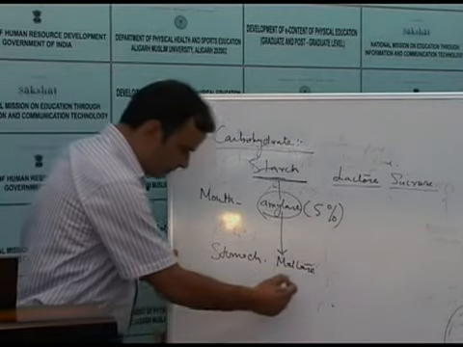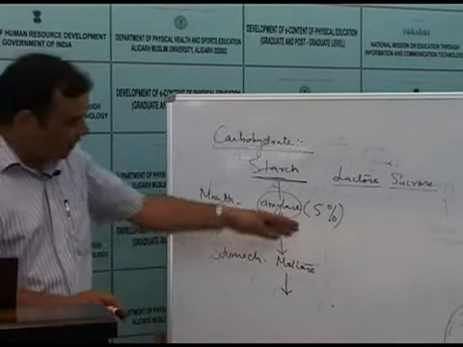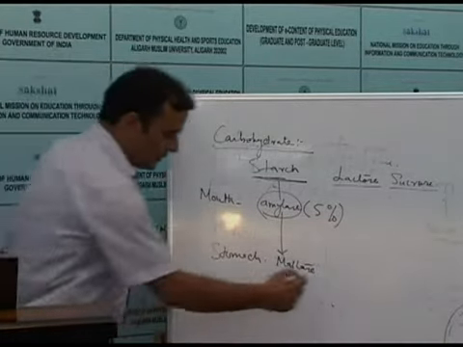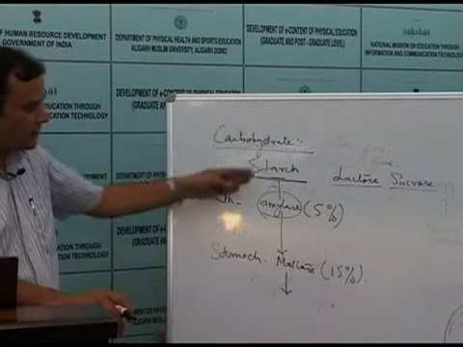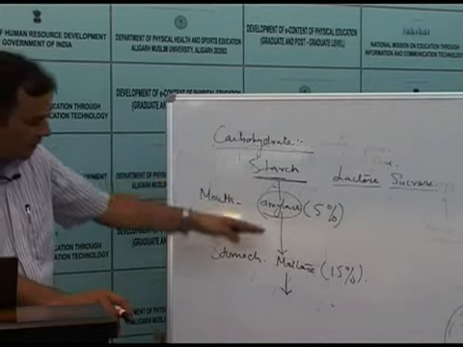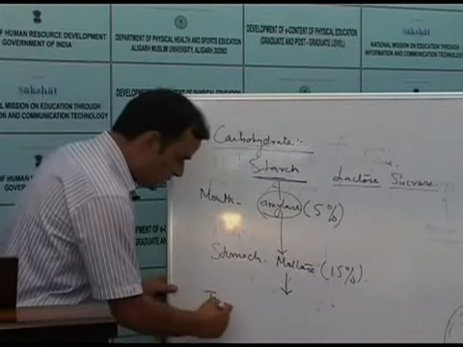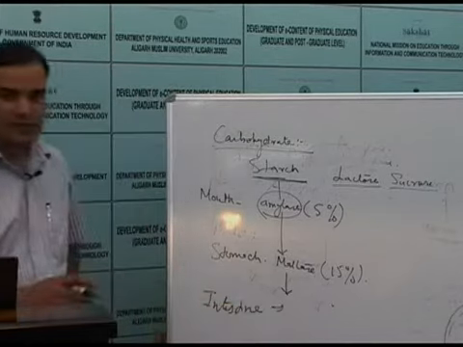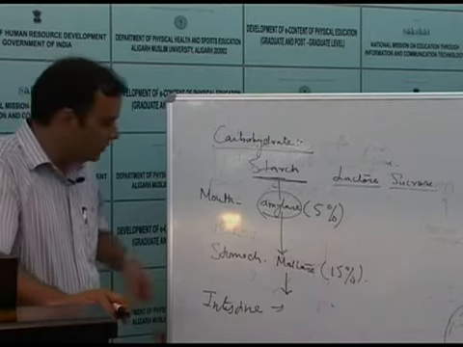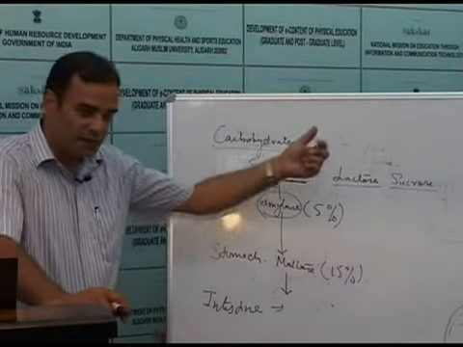Further, the digestion reaches up to 15%. Still, there is a lot of starch left in the stomach which is yet to be digested. Then when it reaches the duodenum or the intestine, here the pancreas gland secretes many enzymes for digestion of carbohydrates, fats and proteins.